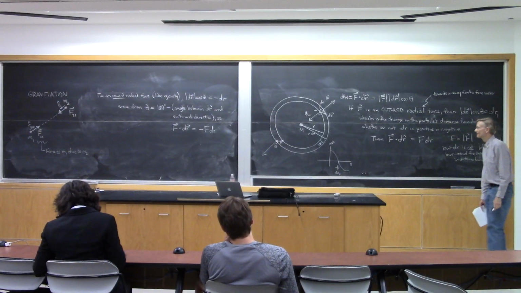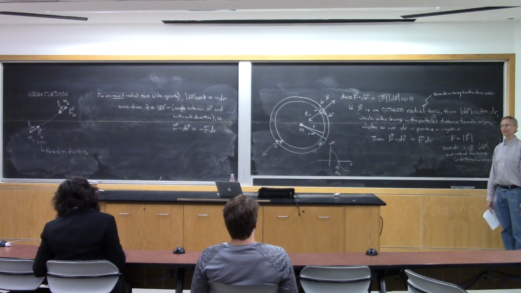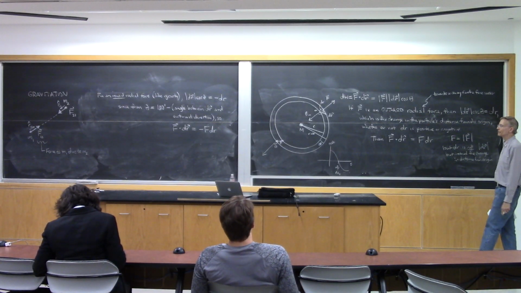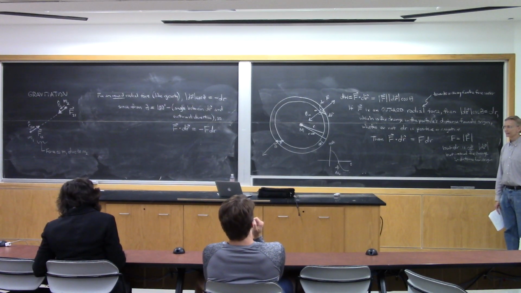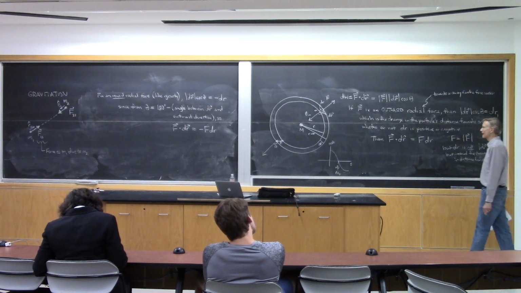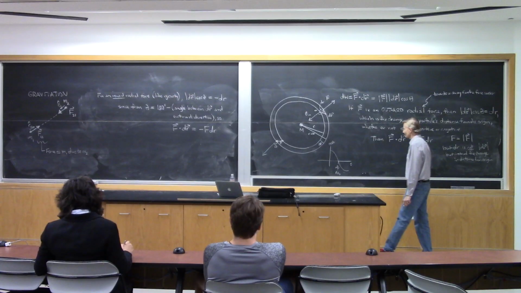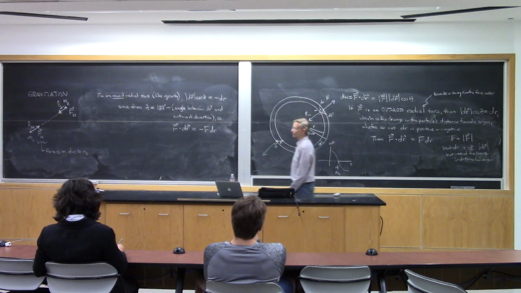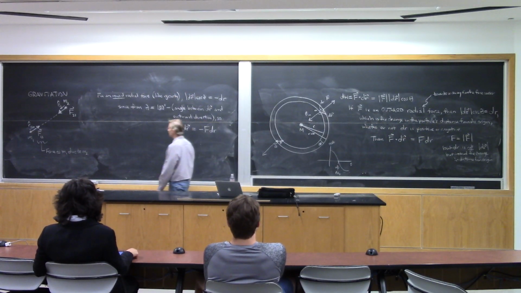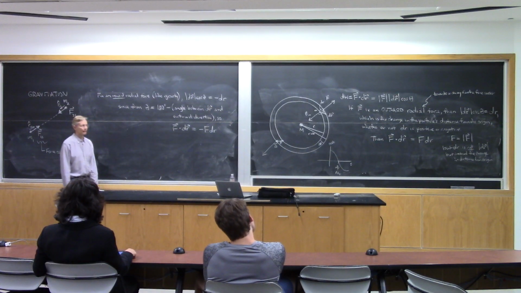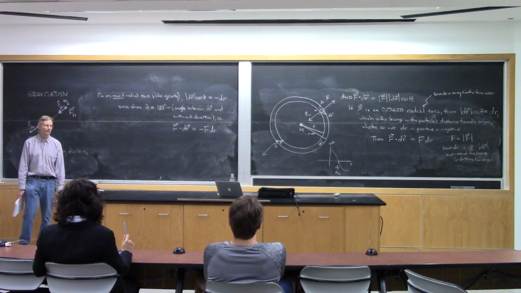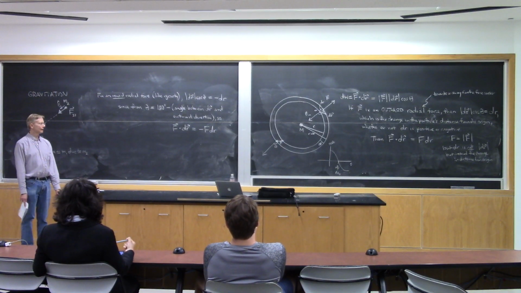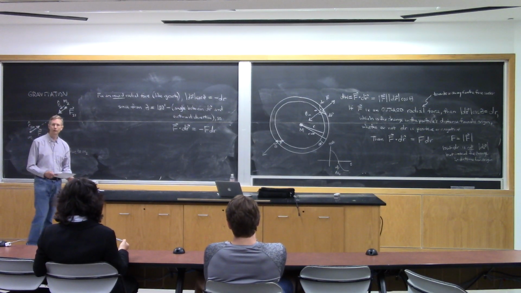Again, this sounds way more complicated than it really is, so stare at it carefully until you're convinced that you've got this down. Basically, for outward radial forces, F dot dr is F dr, and for inward forces, F dot dr is minus F dr. So it depends on whether F is positive or negative in this case.